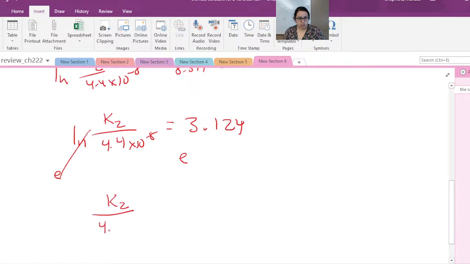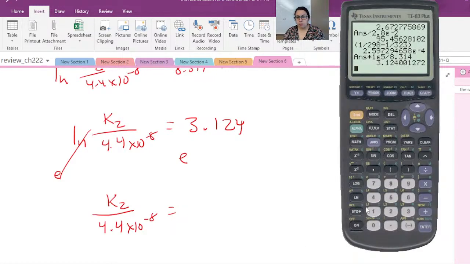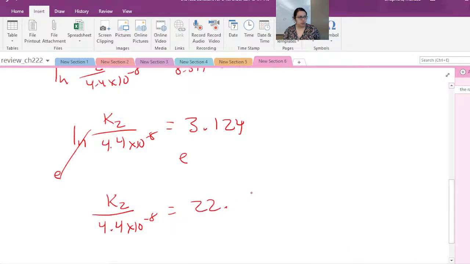And then we're left with K2 over 4.4 times 10 to the negative 8th is equal to, sorry, let me plug that in. Where's my E button? So I get K2 over 4.4 times 10 to the negative 8th is equal to 22.737 or whatever with rounding.